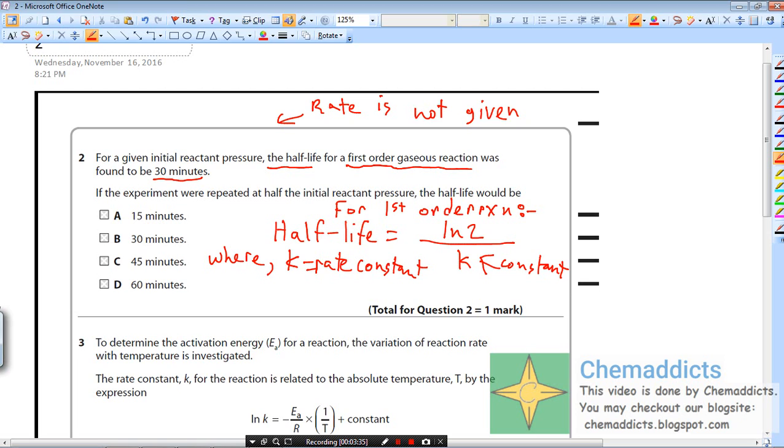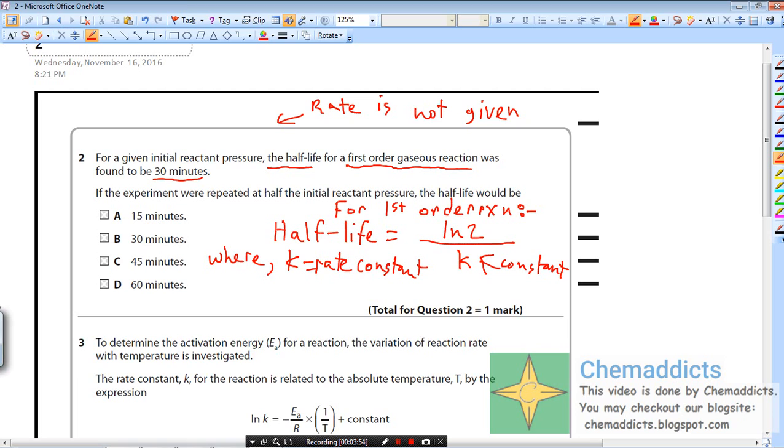Since half-life is completely independent, it won't depend on other factors, whether we increase the initial pressure or the concentration or anything. The half-life won't be affected by any factor.